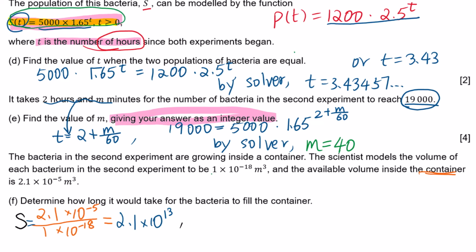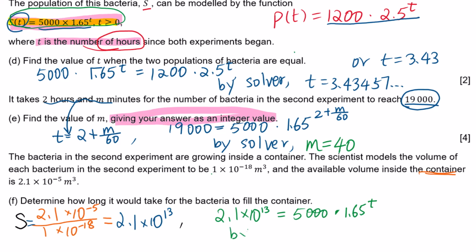We will do the substitution. Substitute 2.1 times 10 to the 13th power for this S of t. 2.1 times 10 to the 13th power equals 5,000 times 1.65 to the tth power.